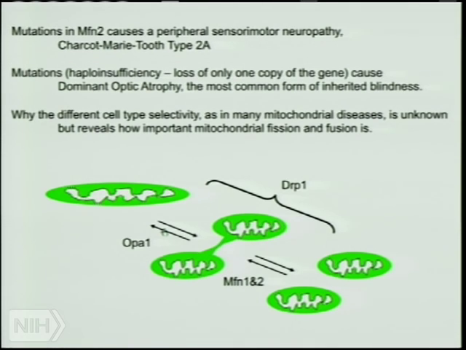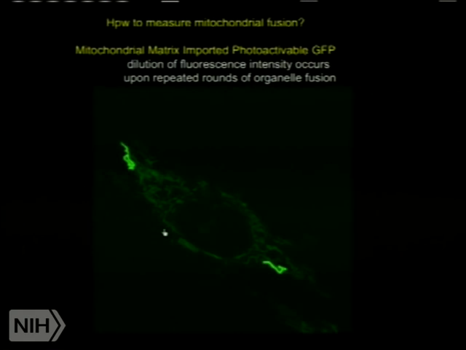So there's two genes in the fusion pathway, showing this is an essential process, and what I'm going to talk about is why. It's interesting and curious why there is this different cell type selectivity of two fusion genes, as in many mitochondrial diseases, is not known, but it does show the importance of this process.